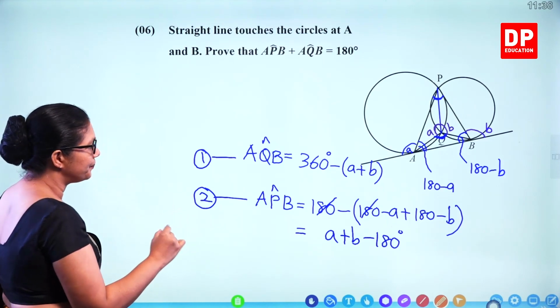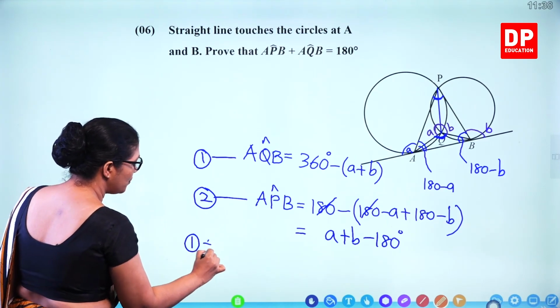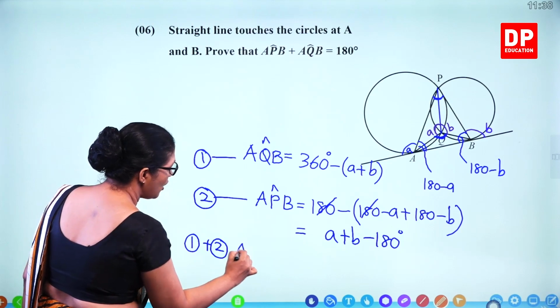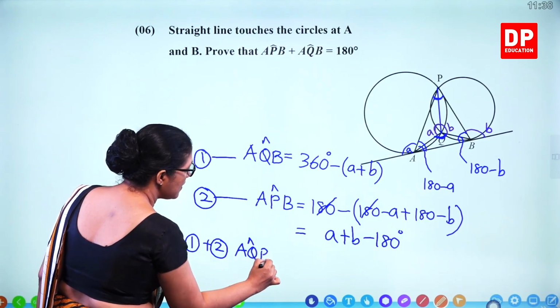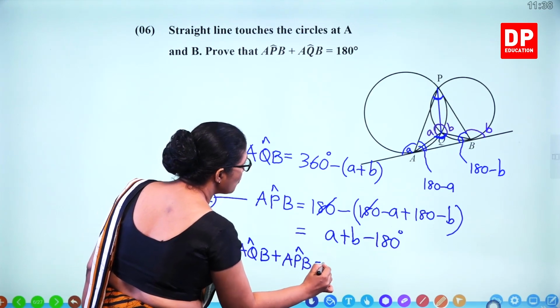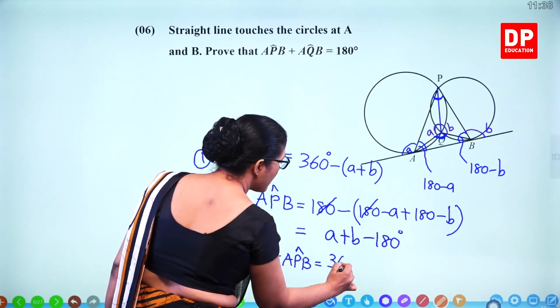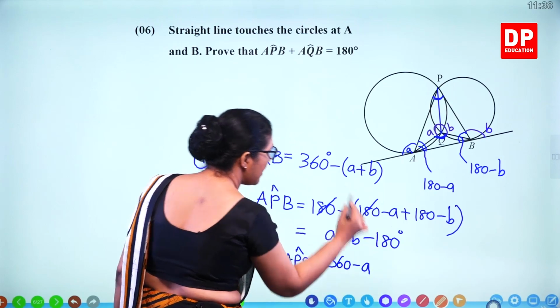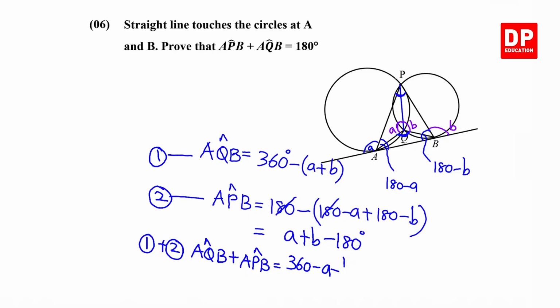Now we'll add these two and see whether we get 180. AQB plus APB is equal to 360 minus A, I'm expanding brackets, minus B, plus A plus B minus 180.